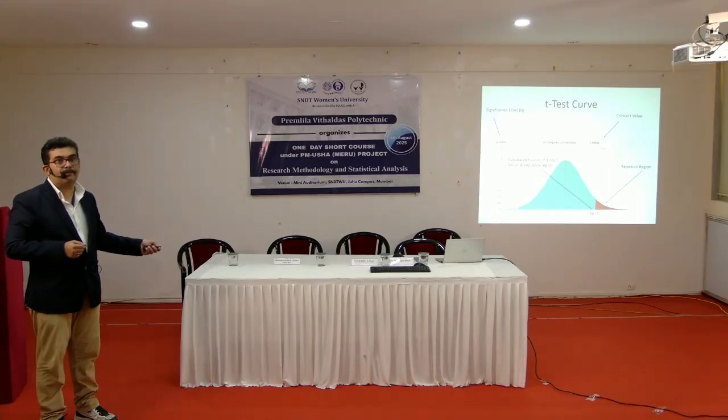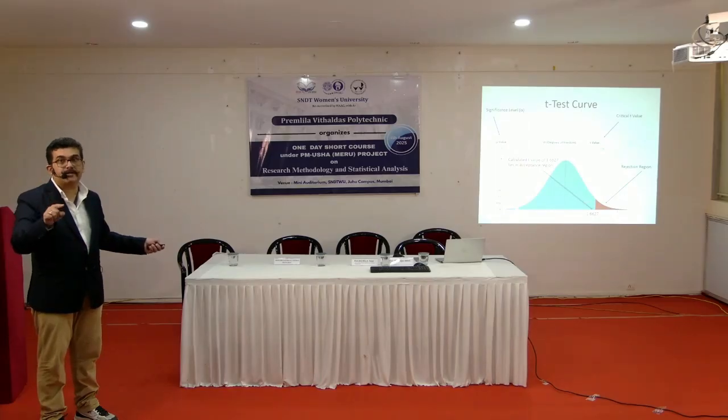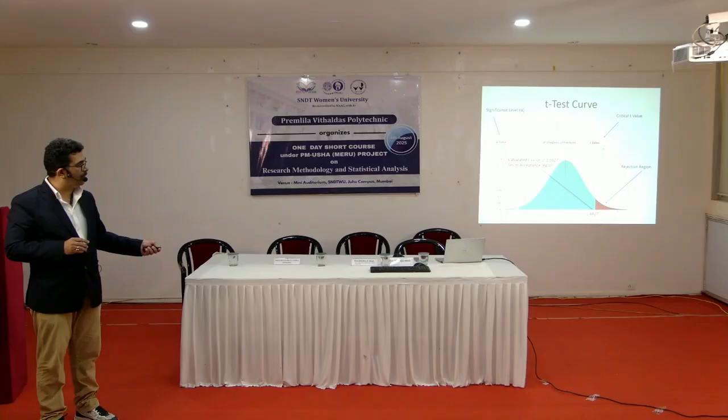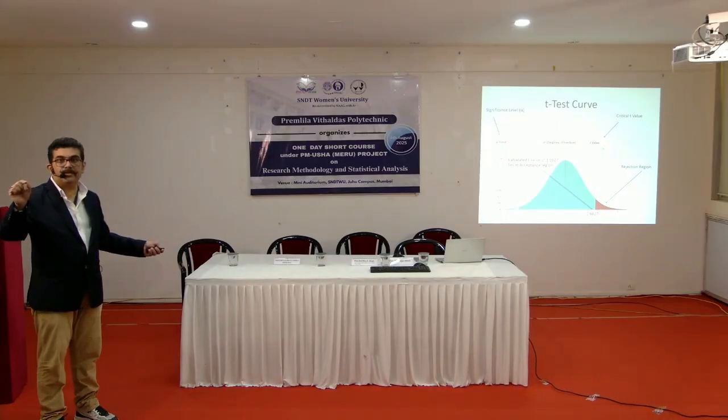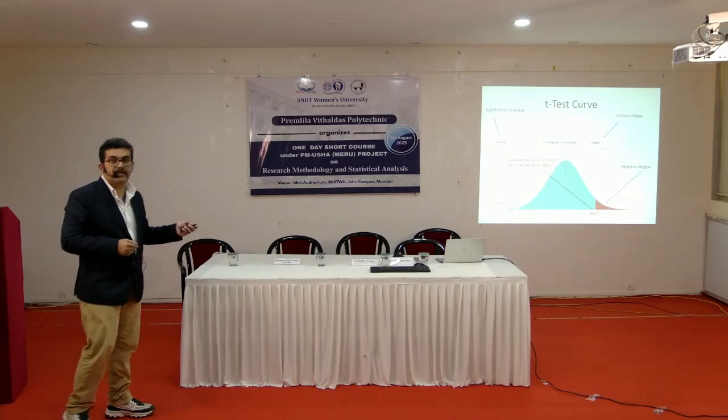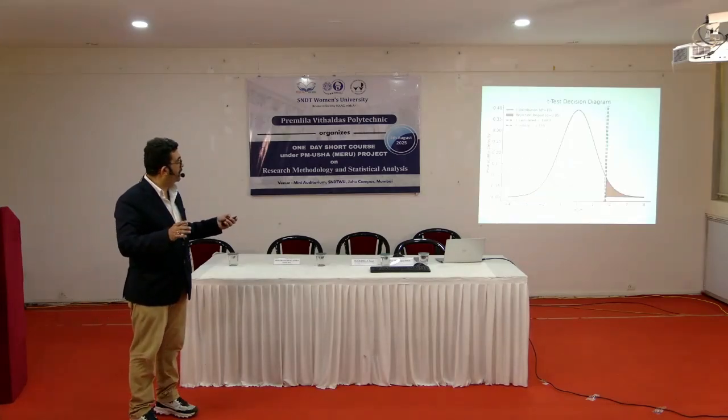So we fail to reject our null hypothesis because no sufficient evidence is available. If the value had been more than 1.7 something, then we could reject the null hypothesis. So this much calculation is needed to finally conclude.